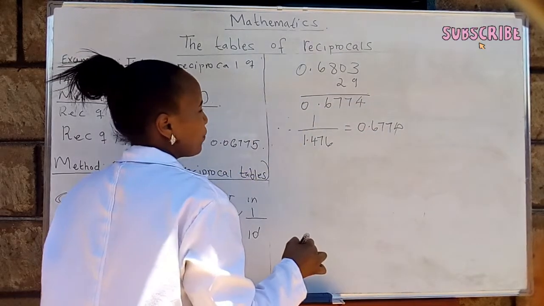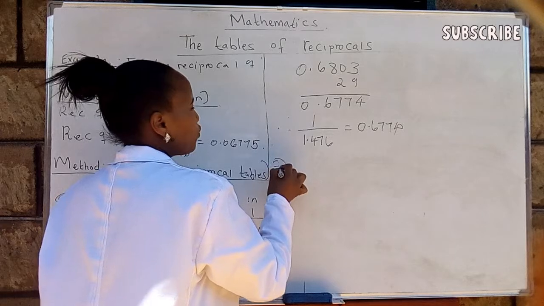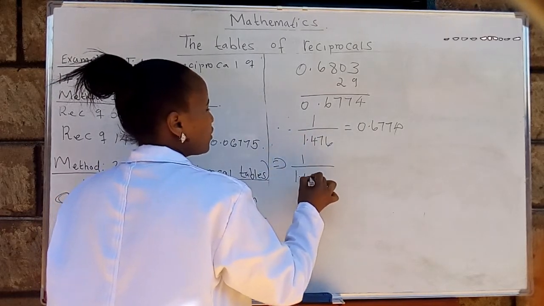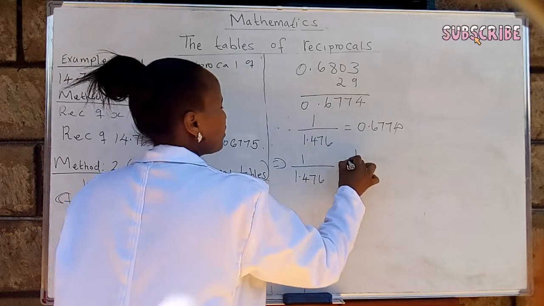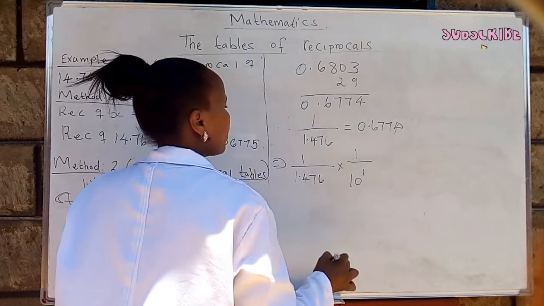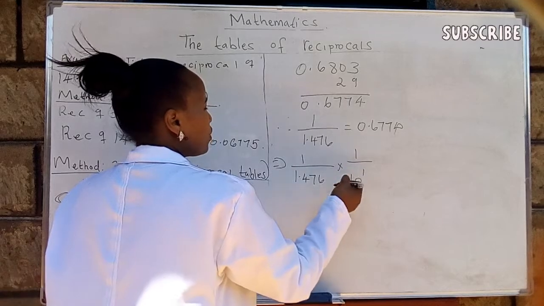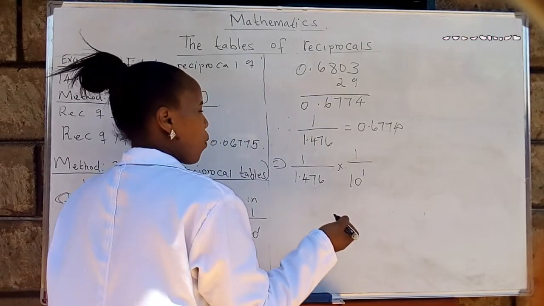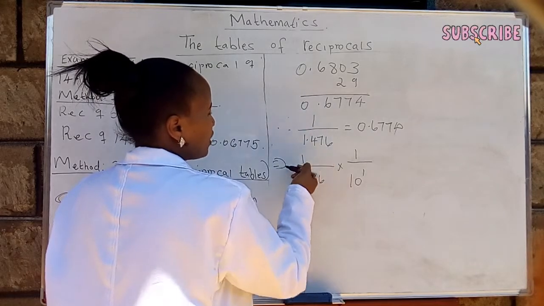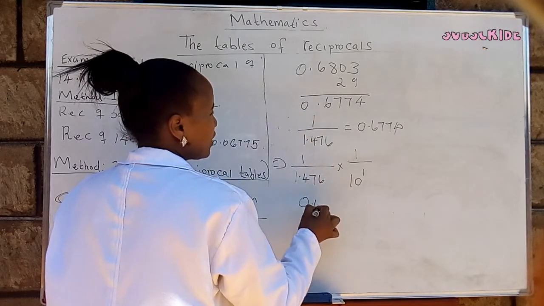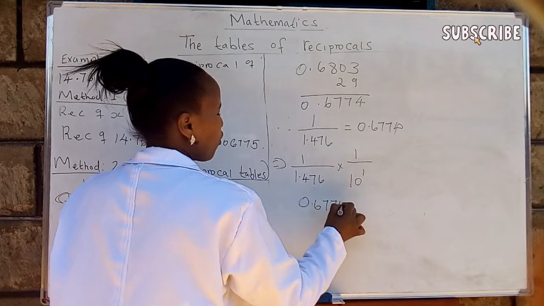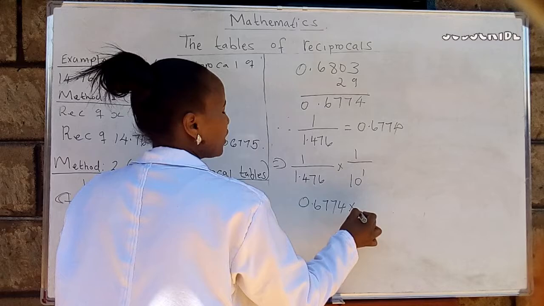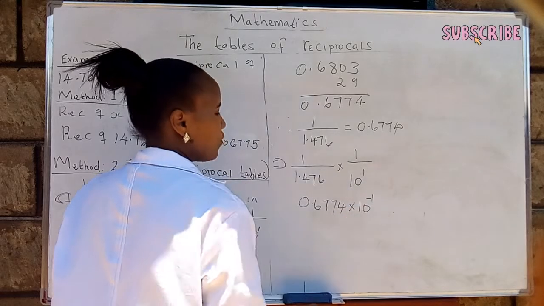So we have noticed that the reciprocal of 1.476 is equal to 0.6774. And remember, we are supposed to find the reciprocal of 1.476, then we multiply by the reciprocal of 10 power 1. And we know that the reciprocal of 1 over 10 is 0.1. So the reciprocal of this one is 0.6774 times the reciprocal of 1 over 10, which will be times 10 power negative 1.